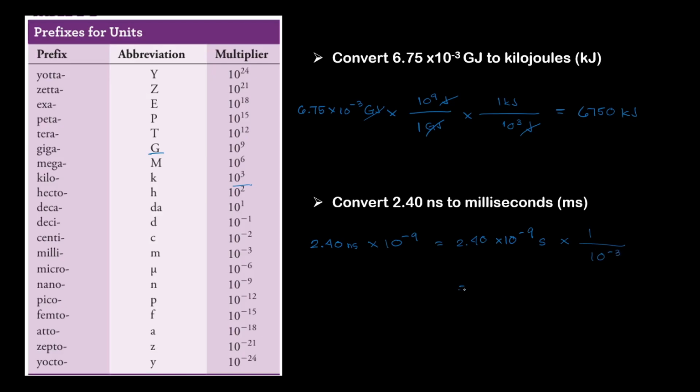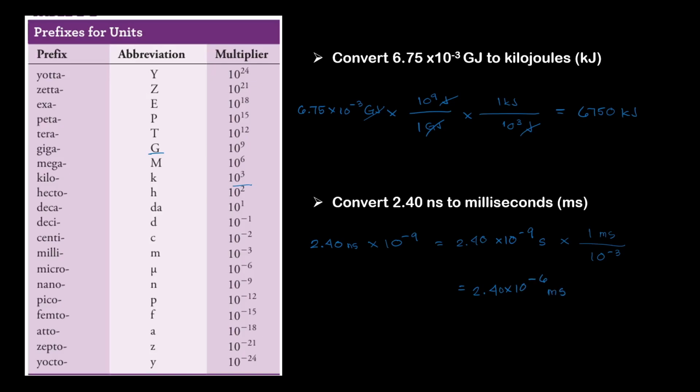So that would be 2.40 times 10 to the negative 9 times 1 over 10 to the negative 3. This would be milliseconds. So that would be 2.40 times 10 to the negative 6 milliseconds.